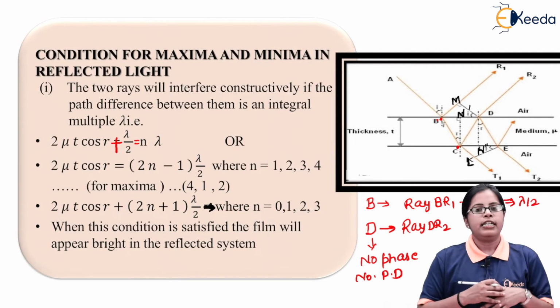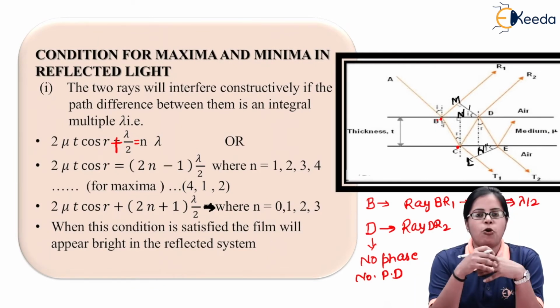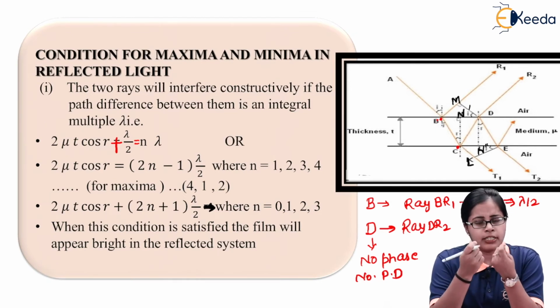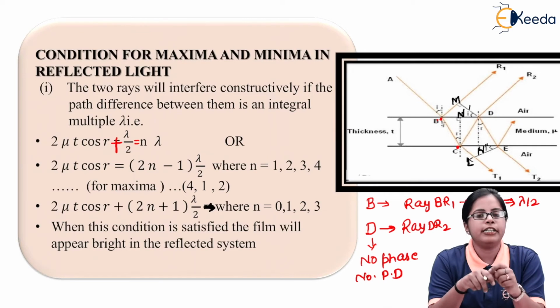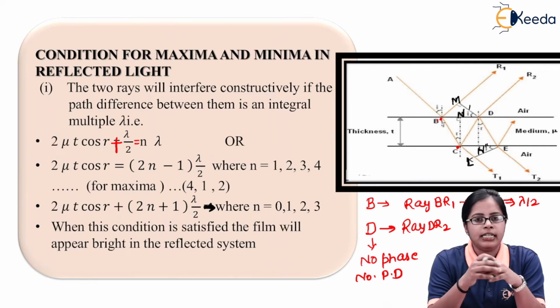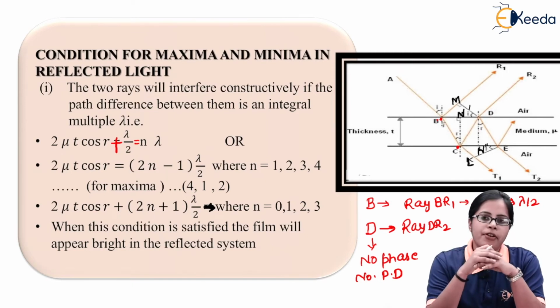Next, we use this total optical path difference to obtain the conditions for maxima and minima. To obtain the condition for constructive interference, that is maxima, the total optical path difference between the two rays, BR1 and DR2, should be an integral multiple of lambda.